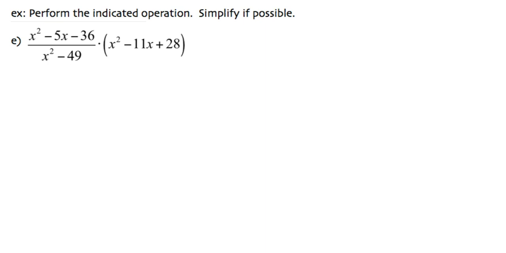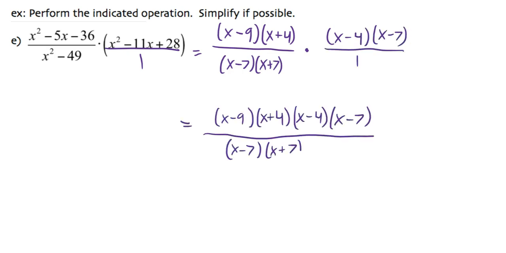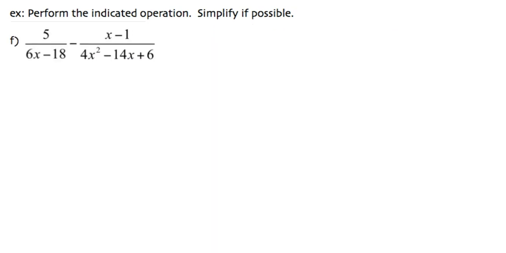Remember that when we're multiplying and we don't see a fraction, you can always make a fraction by putting it over 1. This one, the trickiest bit is just being able to factor out this.